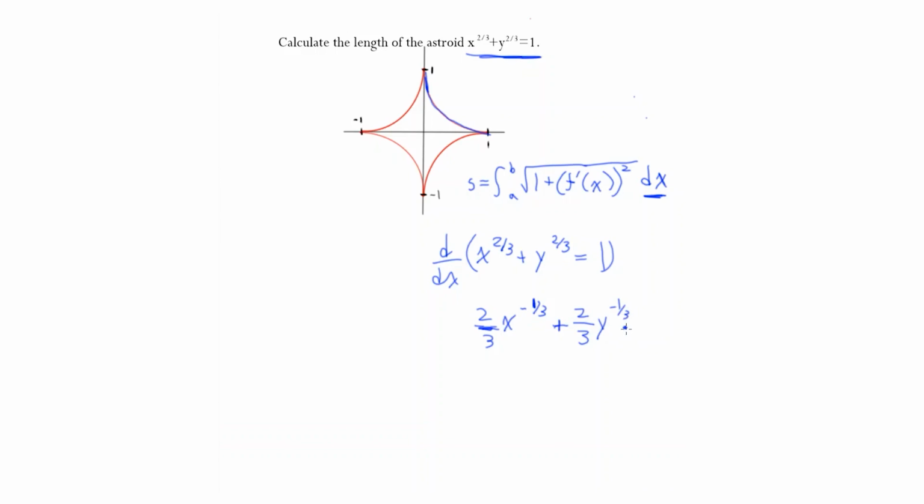There's just one small extra bit. Since we're differentiating with respect to x, and this is a y, we simply have to take the derivative of y, which we write as dy over dx, and we can just leave it like that. And then the derivative of 1 is 0.